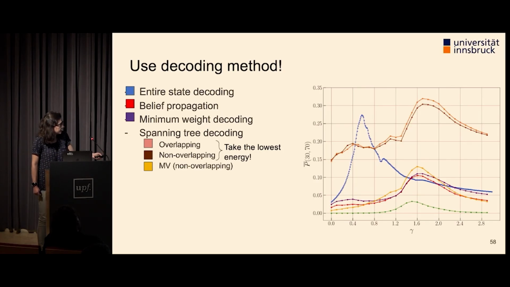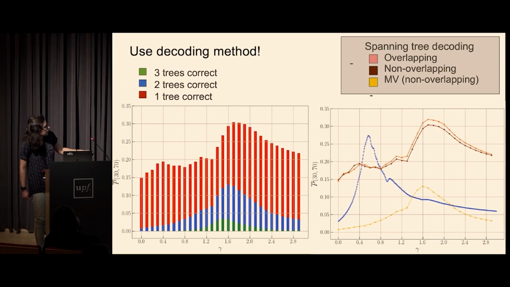So we wanted to look into why exactly this was happening. If we replot our data from the spanning tree decoding, but instead look at the distribution of when there were 3 spanning trees correct, 2 spanning trees correct, or just 1 spanning tree correct, we see that when we have 2 or 3 spanning trees correct, this matches the performance of our spanning tree decoder with majority vote.